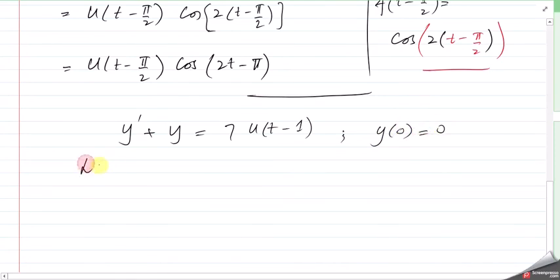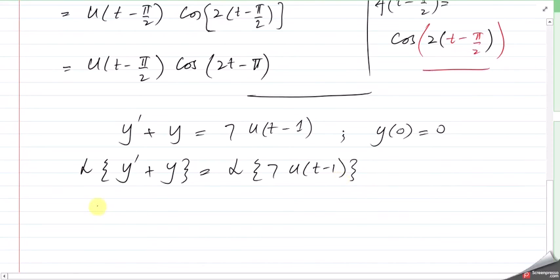We take Laplace on both sides. Laplace of y prime plus y equals Laplace of 7 times u(t minus 1). This gives s Y(s) minus y(0) plus Y(s) equals 7 times Laplace of u(t minus 1).